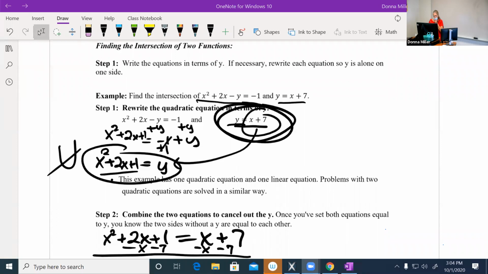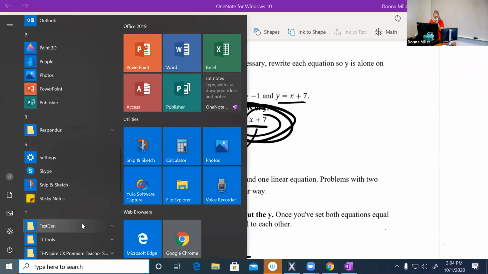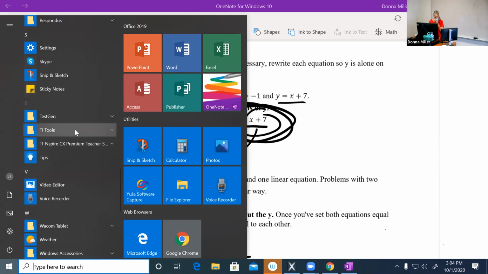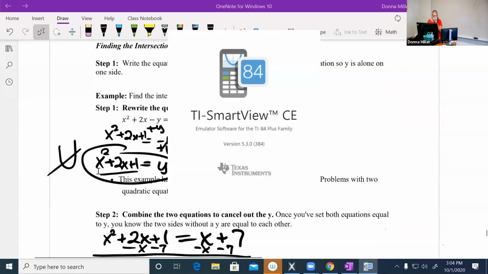Okay. All right, so I'm going to pull my calculator up. All right, and I'm going to type into y1 and y2 the 2 expressions for y I have, once I get the calculator up.